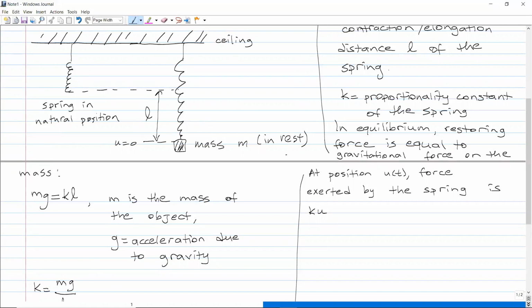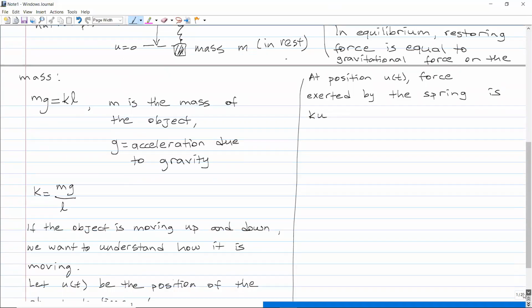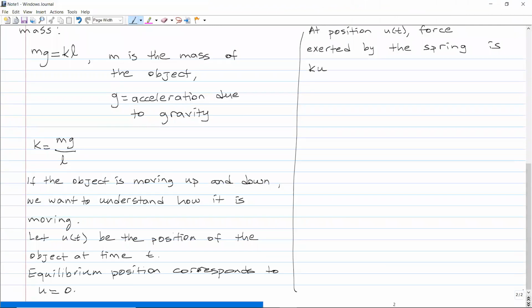So they cancel each other out. The gravitational force on the mass m at position u equals 0 is equal to the force exerted by the spring. So they cancel each other out. We don't need to take them into account. So we only consider the part of the force exerted by the spring on the object caused by this distance u.